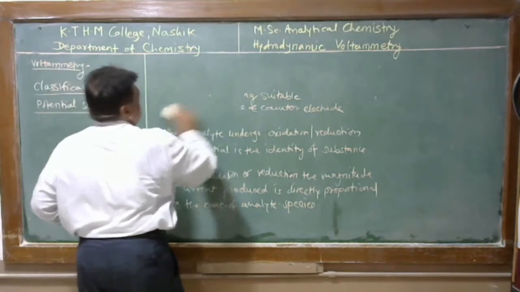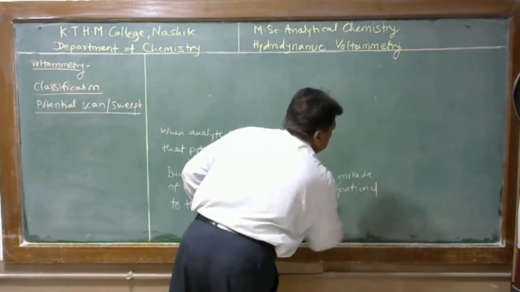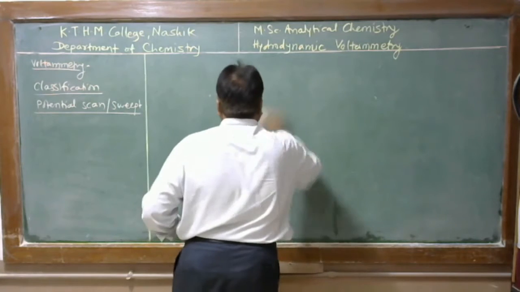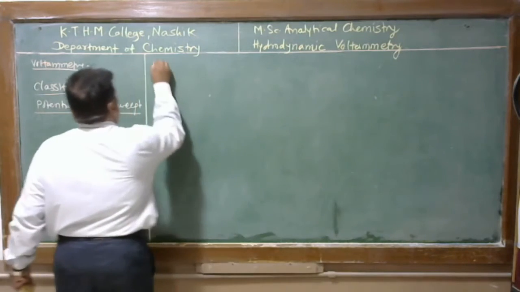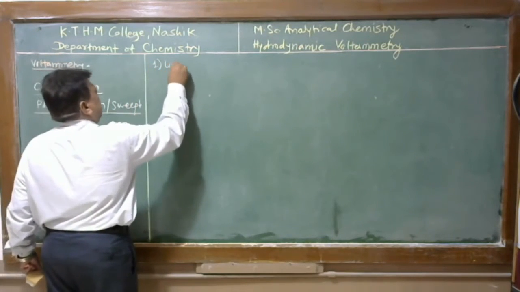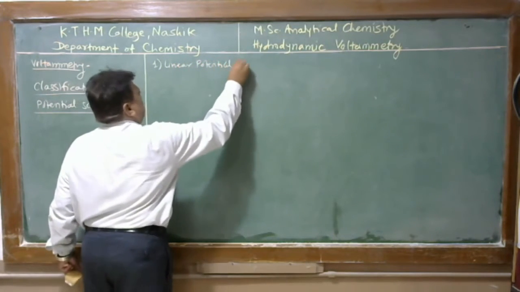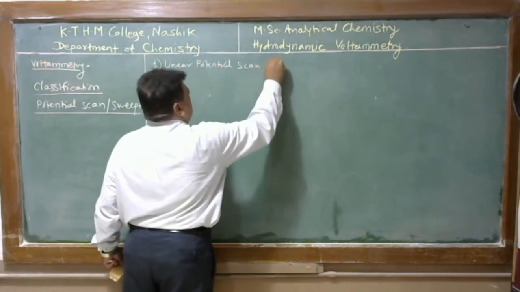Here, the first category is called linear potential scan voltammetry.